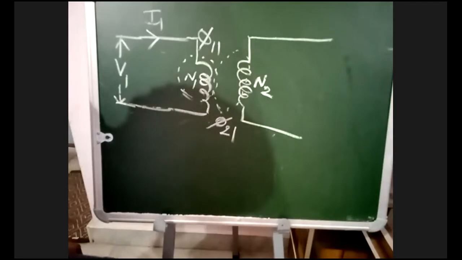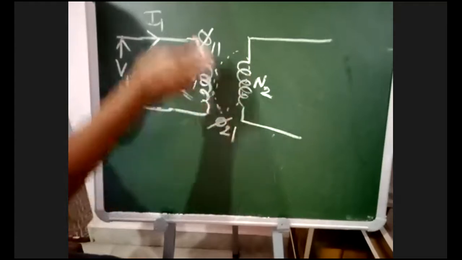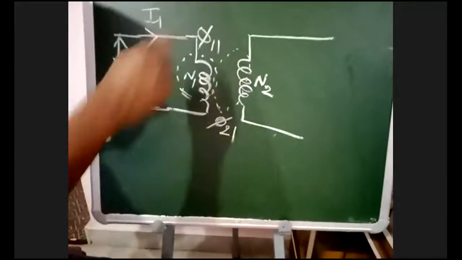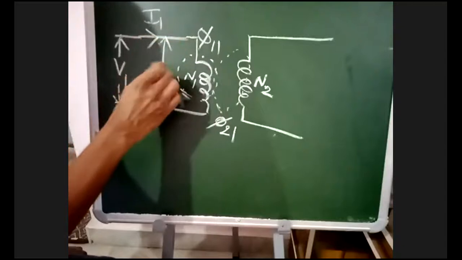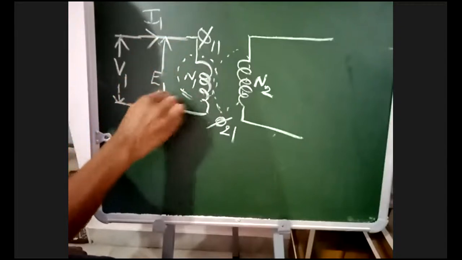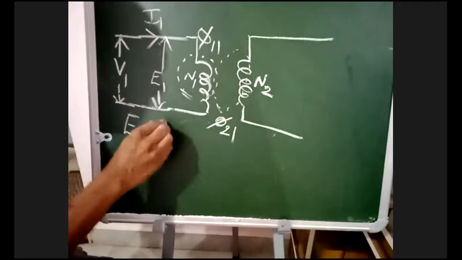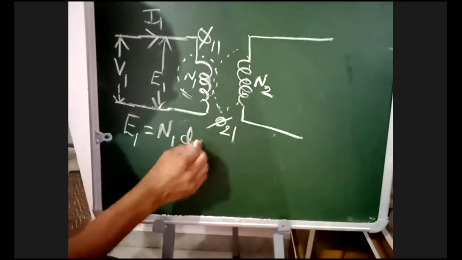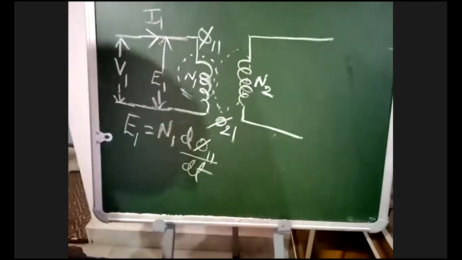Is it clear? Now see here, before going to the mutual flux, first see the self flux, Phi11. What is the voltage induced in the first coil? E1 is the voltage induced in the first coil. E1 is equal to N1 into d Phi11 by dt.